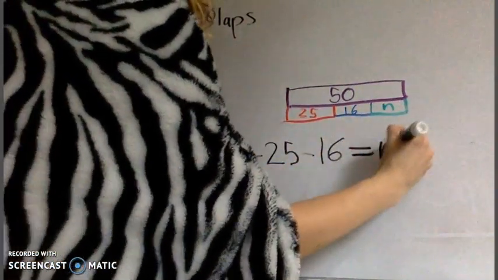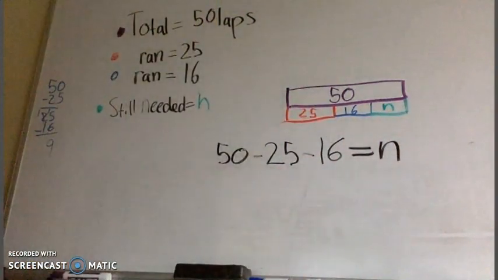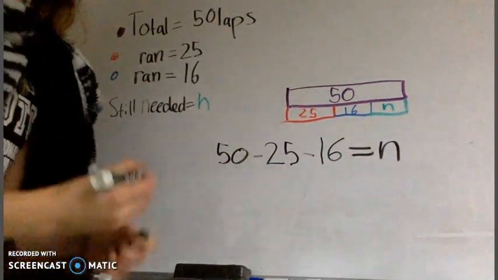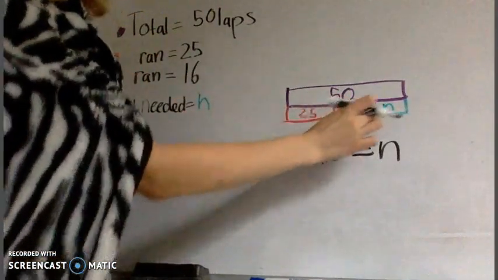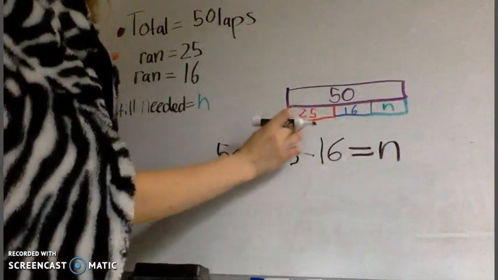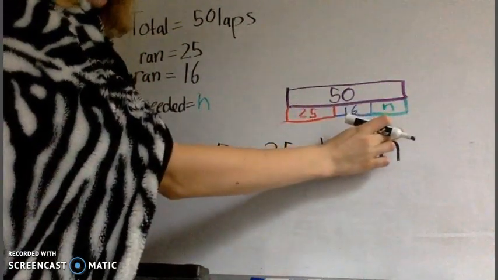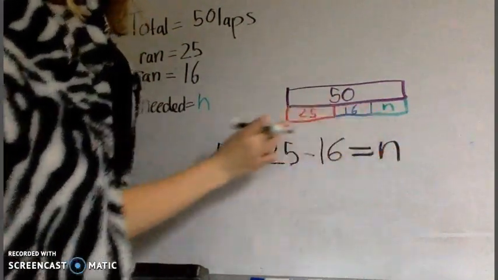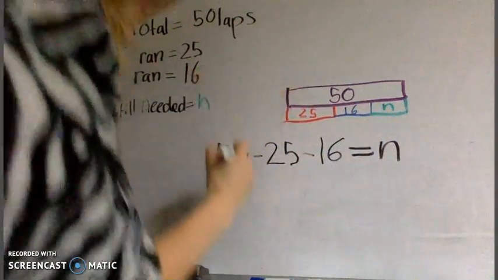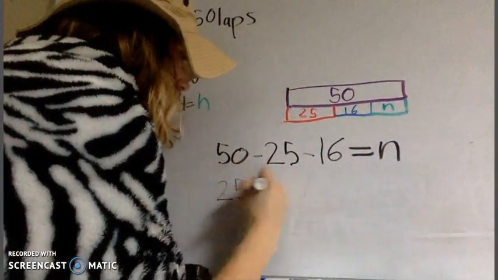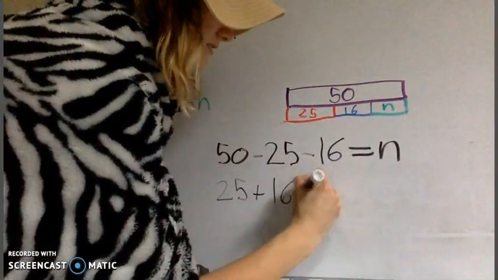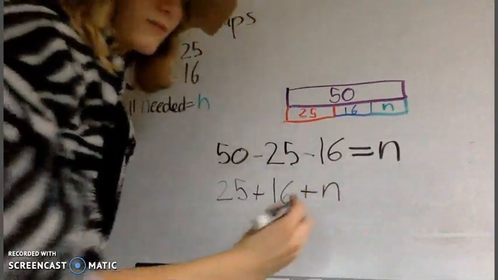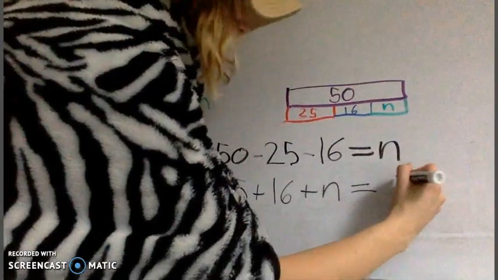That equals n. Another way you could write this equation, just as we went over before, is part plus part plus part. Your red plus your blue plus your green, or 25 plus 16 plus n, equals your whole, 50. So 25 plus 16 plus n, a number that we don't know, equals 50.